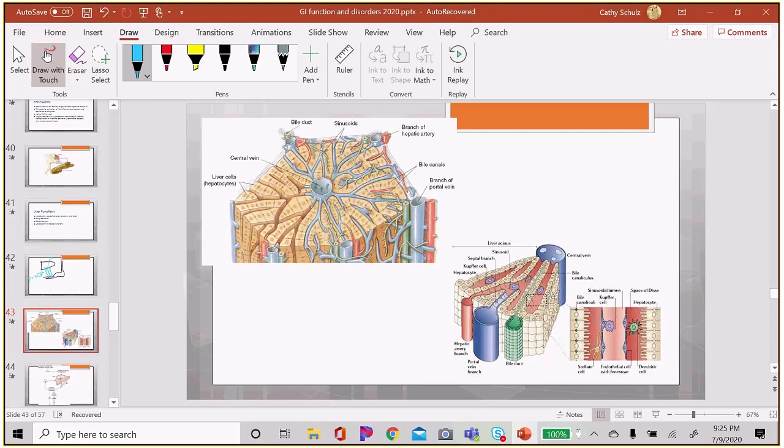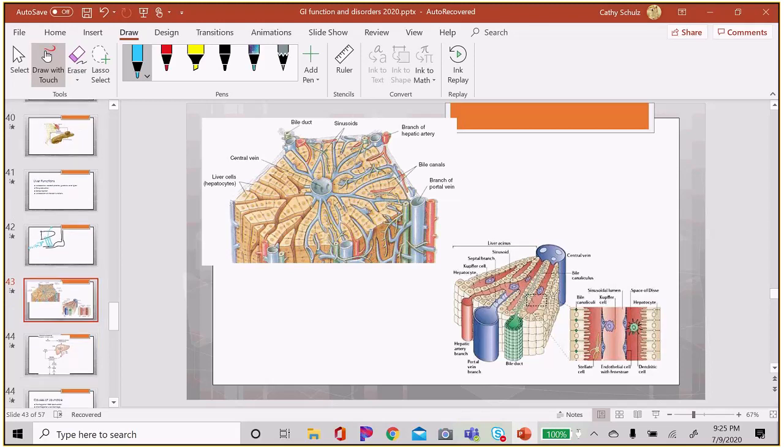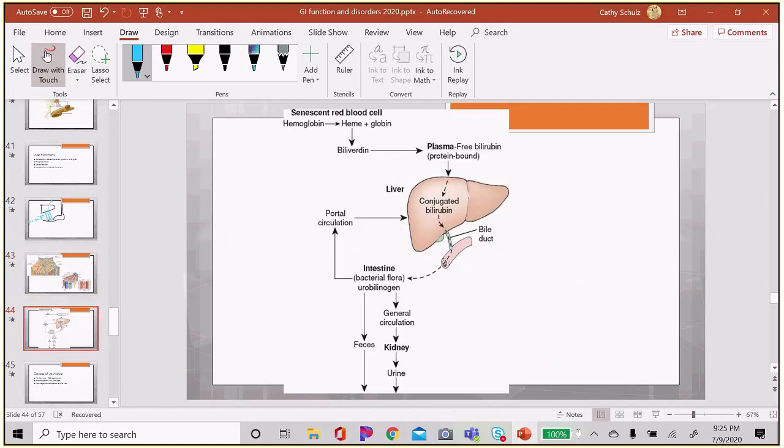It's very vascular. It has both bile circulation, rich vein supply, and arterial supply. And we know it's very important in terms of our bilirubin and bile removal. So that goes back to the lecture about red blood cells.